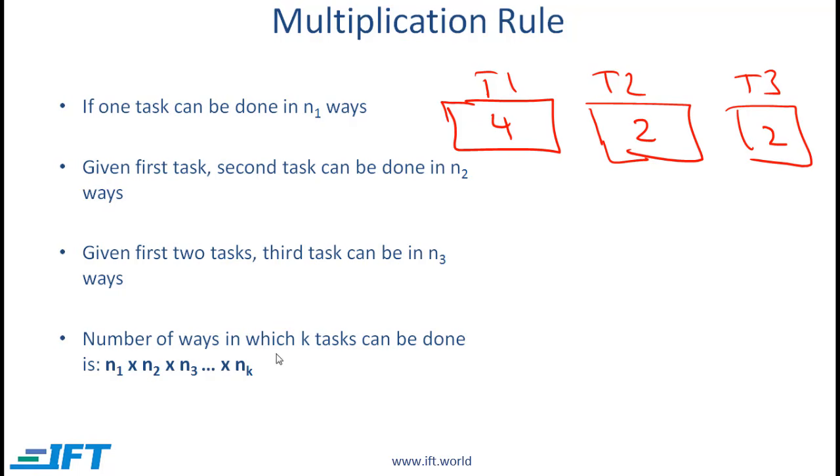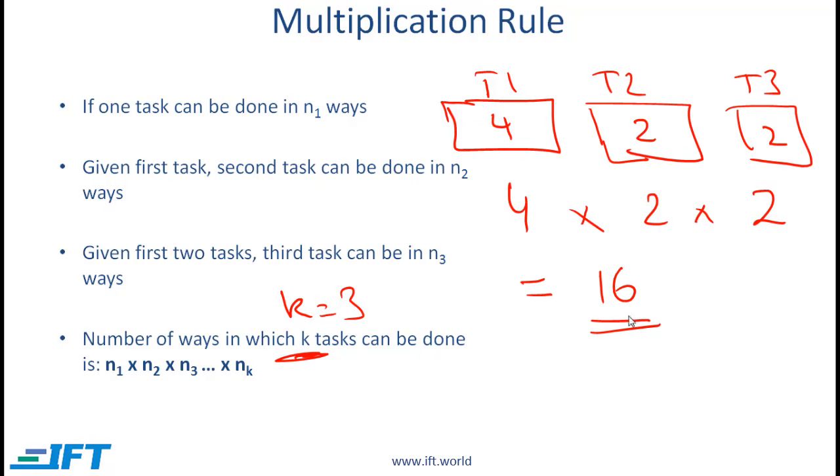So the number of ways in which the k tasks, k is equal to 3 in this simplistic example, can be done is equal to the number of ways in which the first task can be done, which is 4, times the number of ways in which the second task can be done, given that the first task is already done, that is 2, and the number of ways in which the third task can be done, given that the second task is done, that is 2 over here. So the answer is 4 times 2 times 2, that's 8 times 2, which is 16.